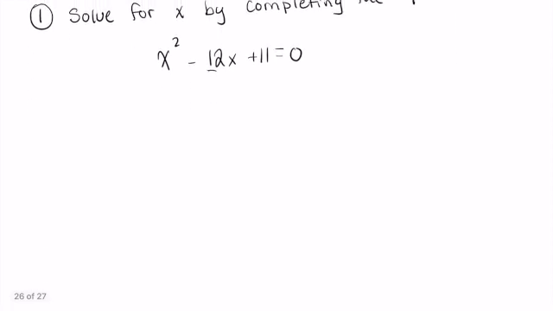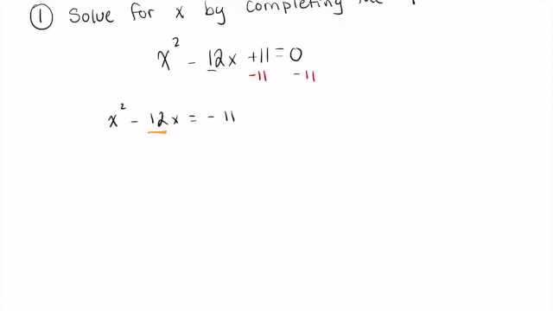Solve for x by completing the square. What I want to do is move my constant to the other side. That's going to give me x squared minus 12x equals negative 11. Next, I'm going to take half of my b term.